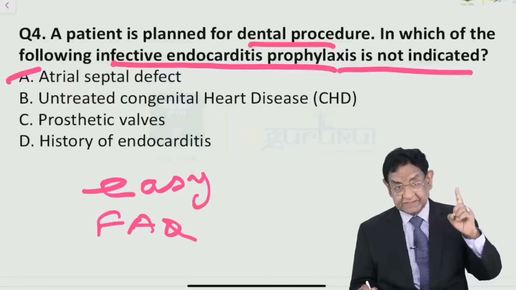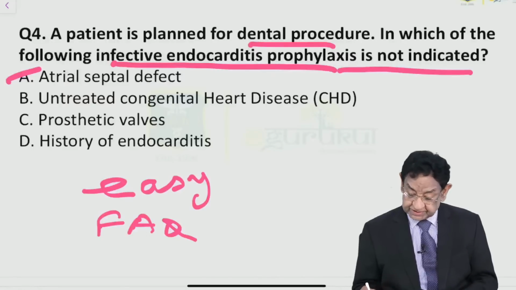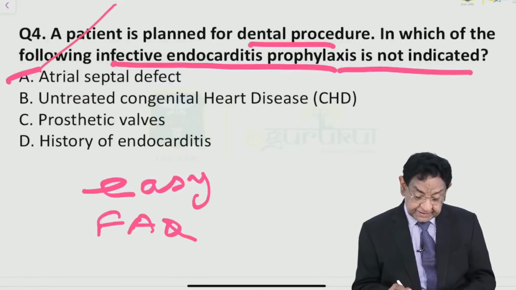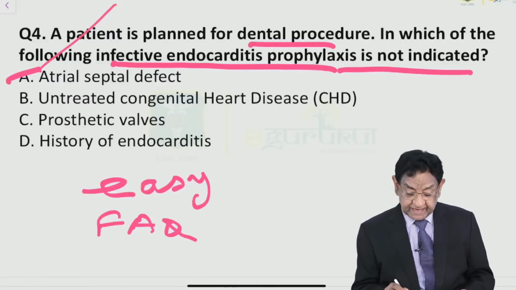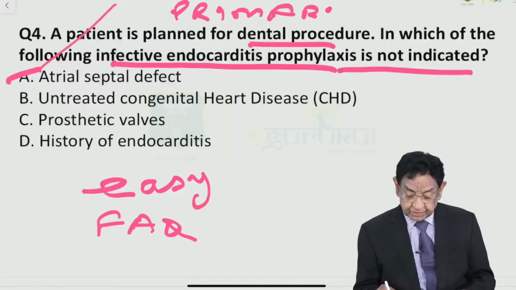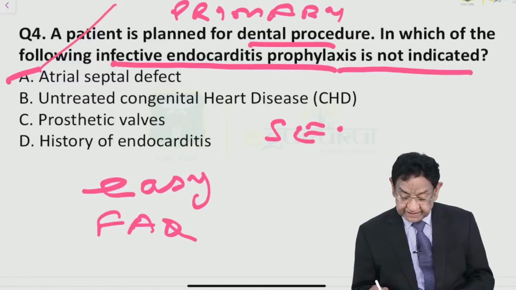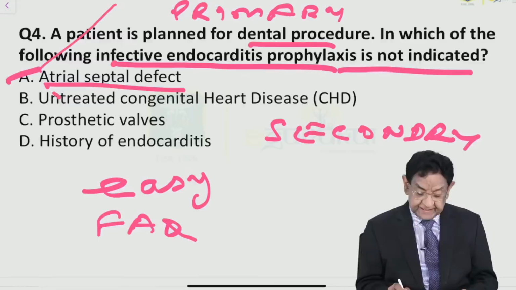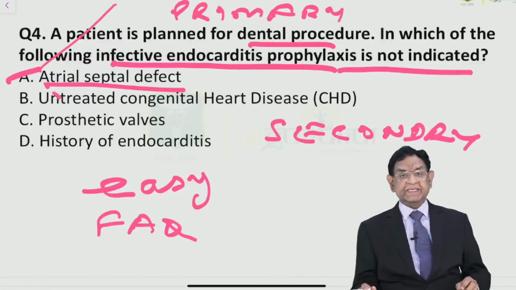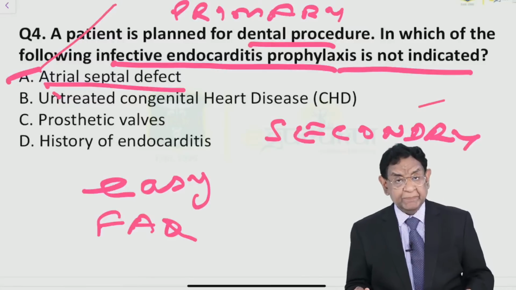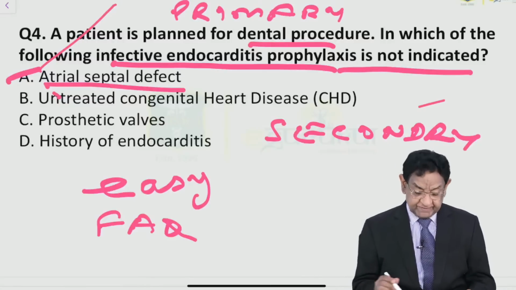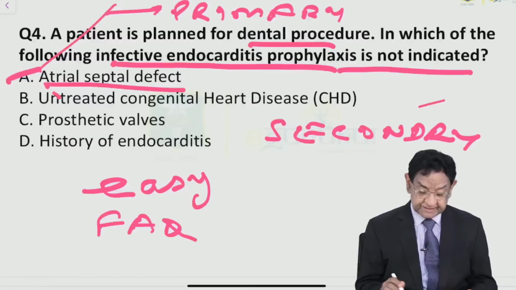But there's a trick, and that is why I included this question. We all know that ASD can be primary or it could be secondary ASD. Whenever they write ASD, if there is nothing like primary or secondary, it is understood they are talking about secondary ASD. But at times the examiner is very clever. He may write primary ASD.